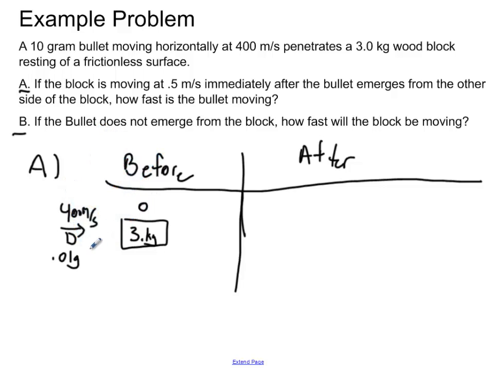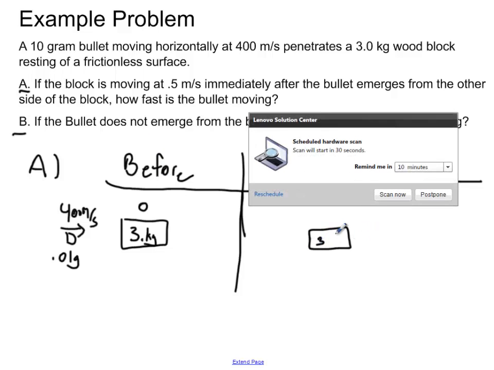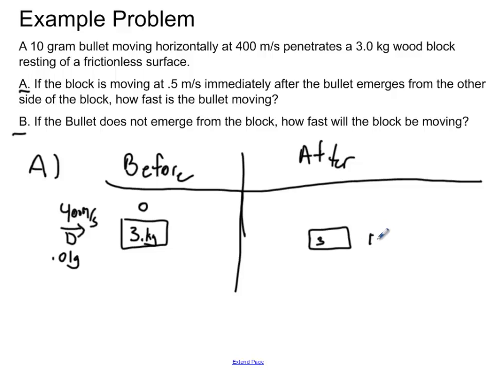That's my before picture. Now for case A, it says immediately after the bullet emerges from the other side of the block. So the block is still here, but now we have the bullet over here and it's moving this direction. I'm assuming it's immediately after emerging from the block.